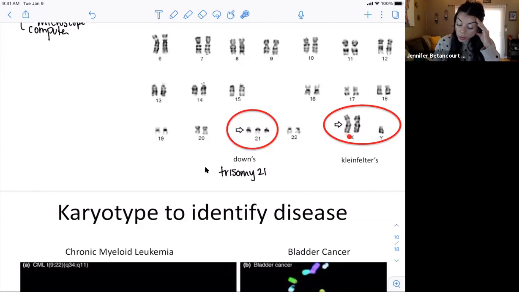So this person has 2 X chromosomes and a Y chromosome. So the mere presence of the Y chromosome means this individual is a biological male by definition, but will develop this condition called Klinefelter's syndrome. And so there are some reproductive abnormalities for this human being. Mostly this human being is infertile.